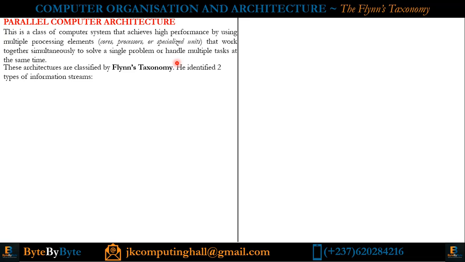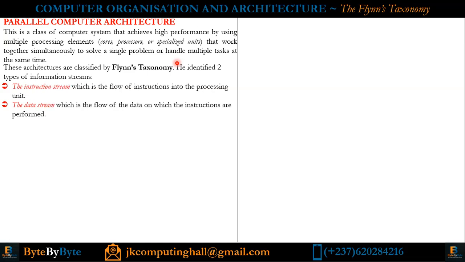He identified two types of information streams: the instruction stream, which is the flow of instruction into the processing unit, and the data stream, which is the flow of the data on which the instructions are performed. So Flynn, when classifying computers according to parallel characteristics, identified two types of streams: the instruction stream and the data stream.